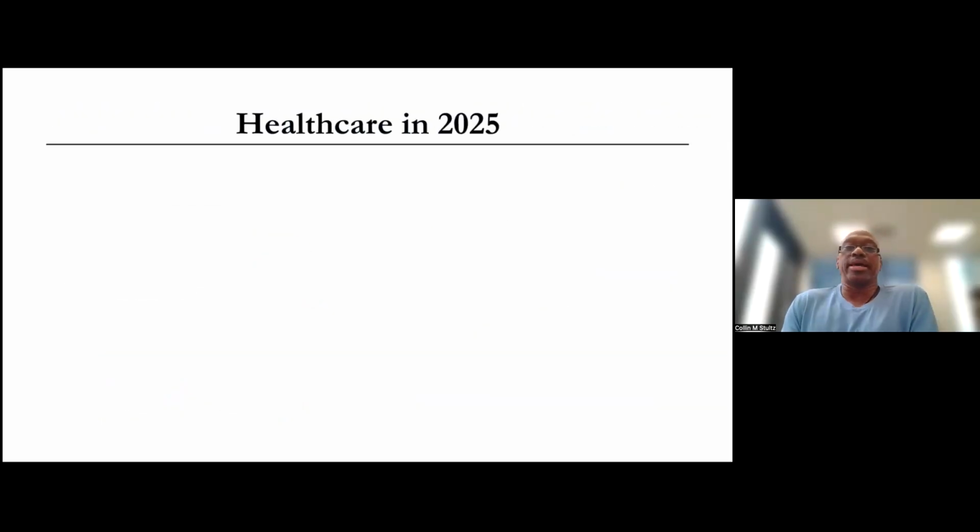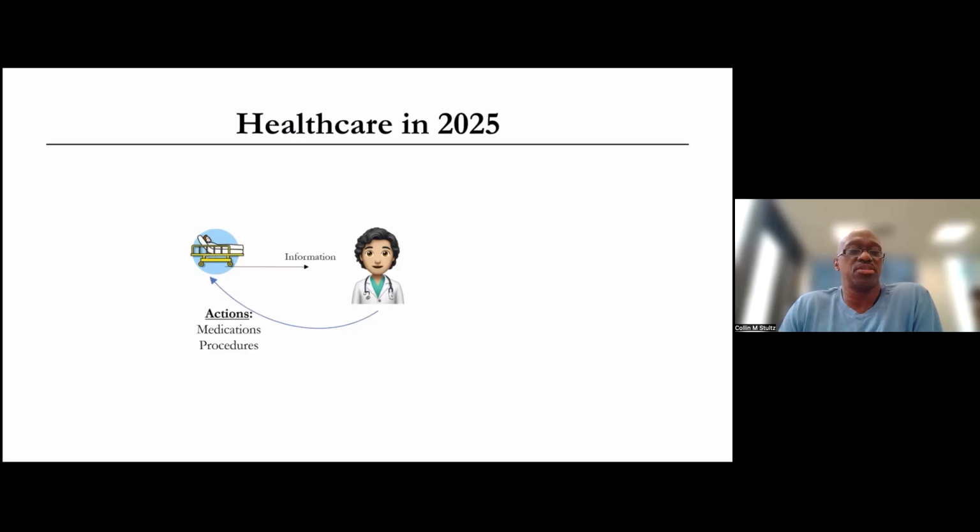So I usually like to begin these discussions with setting the ground in terms of what healthcare looks like in 2025. So from time immemorial, healthcare has involved two participants. There's a patient and a healthcare provider. The patient generates information which the healthcare provider has to process and use these data to make decisions.